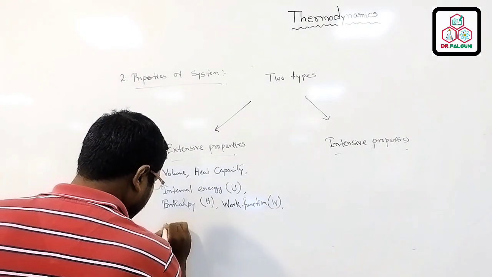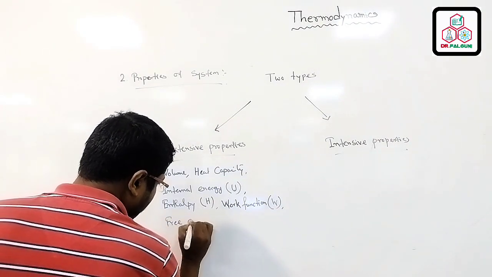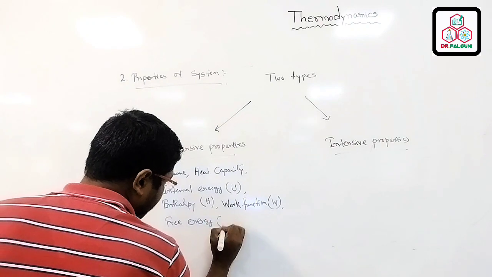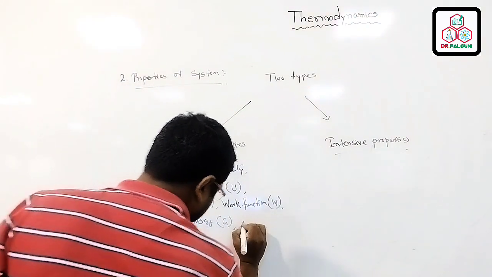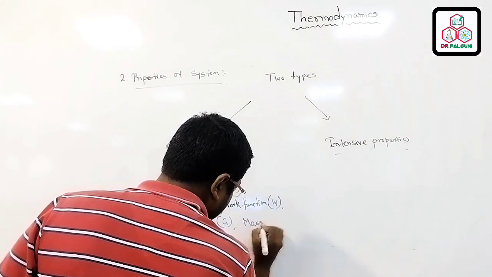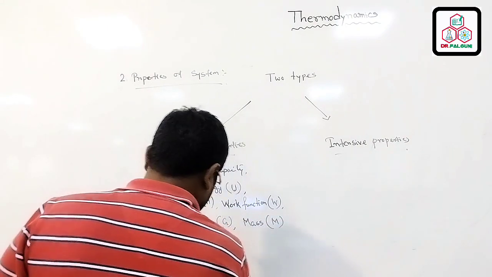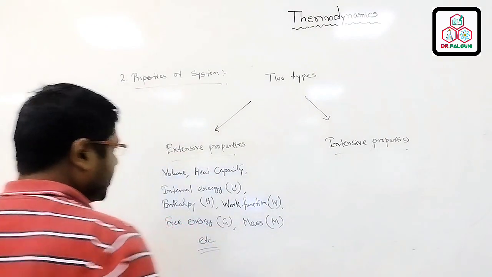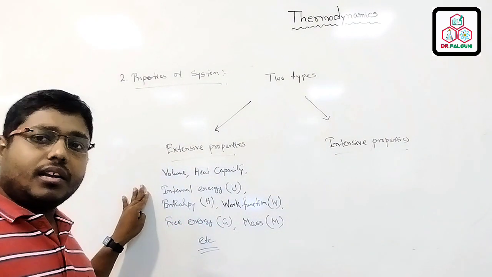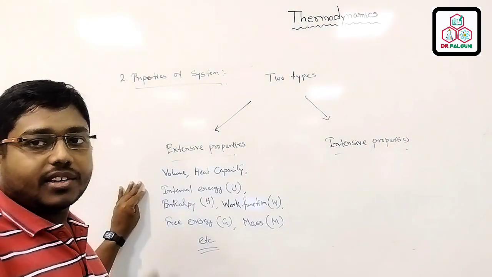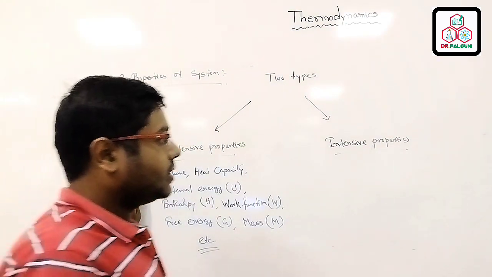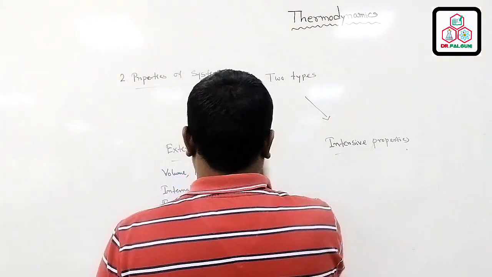Free energy denoted by capital G, also extensive property. Mass, of course mass is an extensive property, etc. These properties depend upon the amount of materials, right? These are called extensive properties.